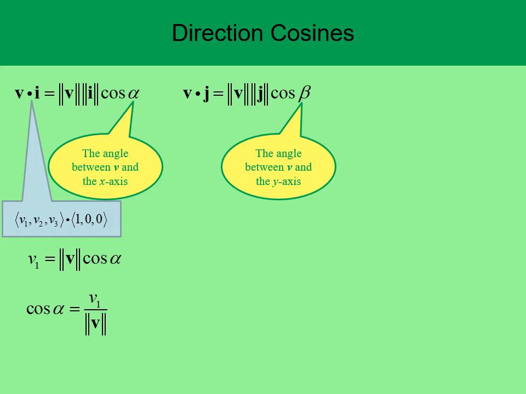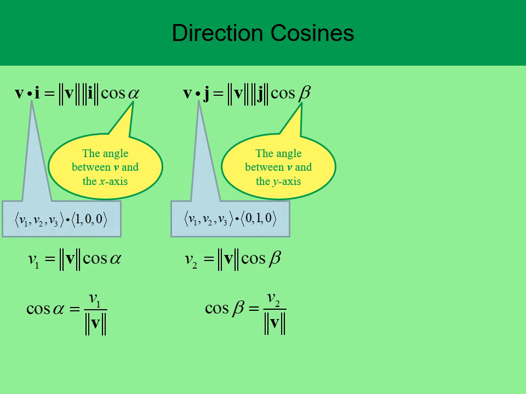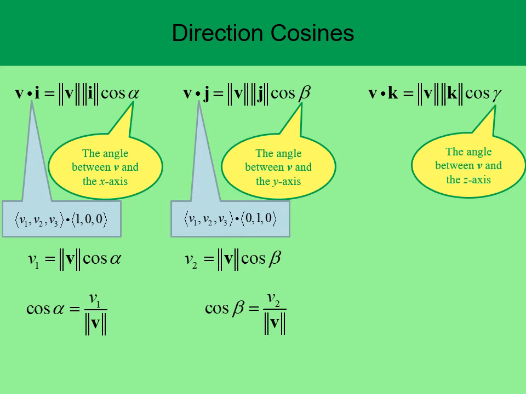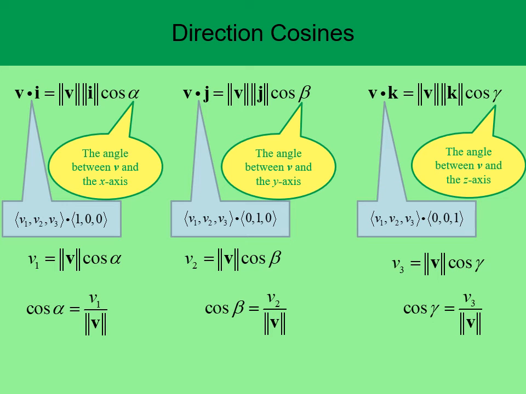So therefore the angle we're talking about here, called beta, is the angle the vector makes with the positive y-axis. We'll do the similar algebra on this. And then the third one, we'll use k, which is the unit vector pointing in the direction of the positive z-axis. And that gives us the angle gamma between the vector and the positive z-axis. And again, we can solve that. Now these are what we mean by direction cosines.